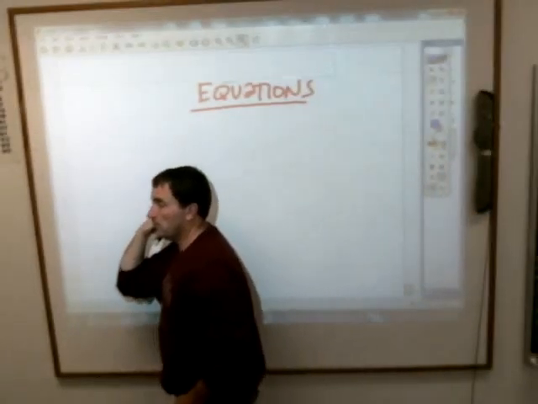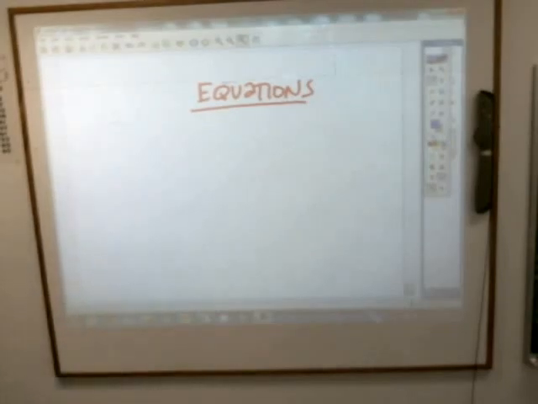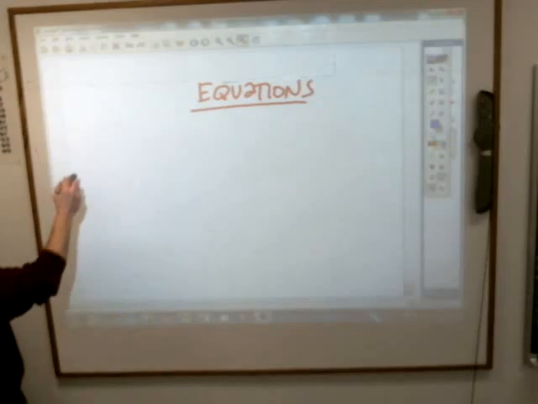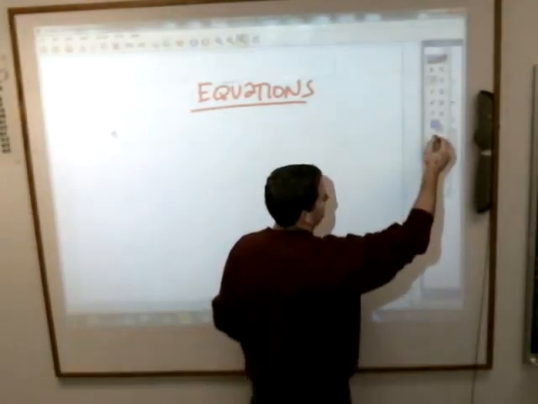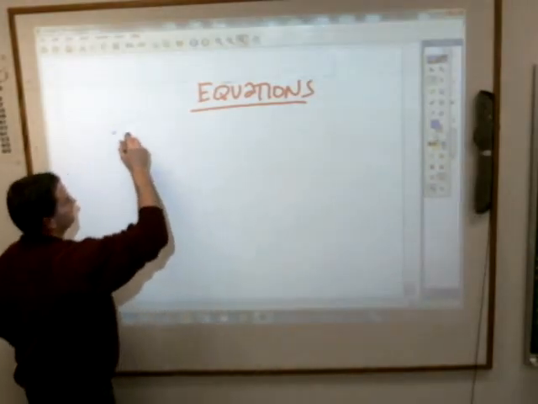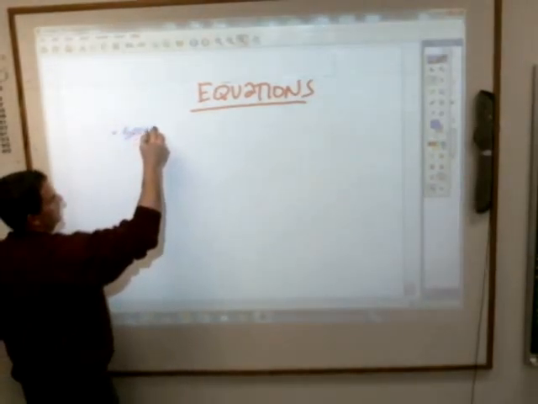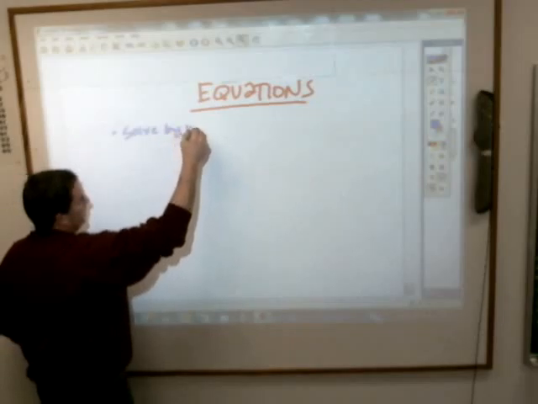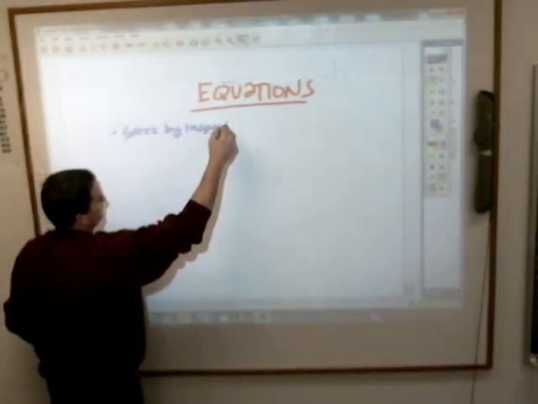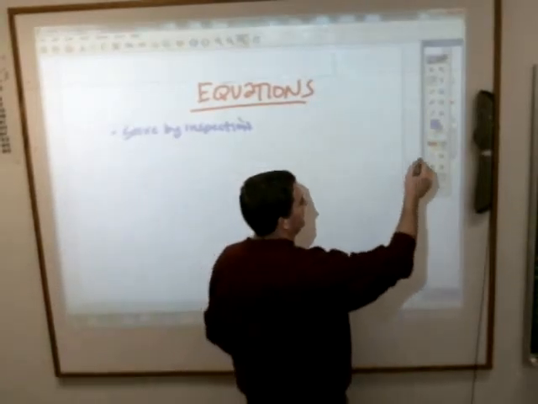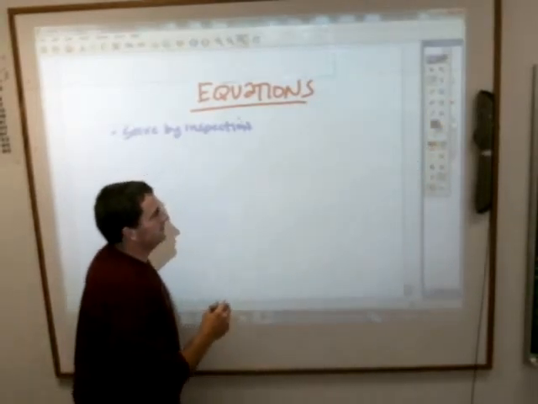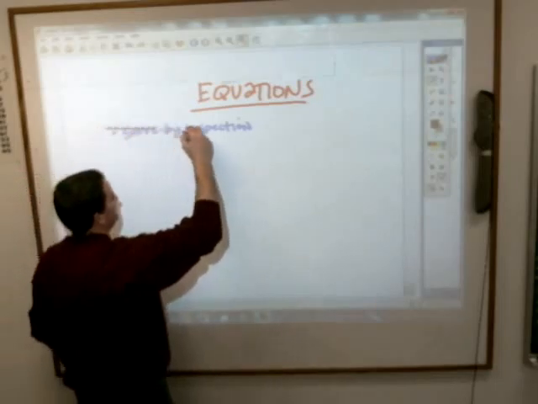If you remember back when we started doing these equations, the instructions they gave you were to solve by inspection. And I said there will become a time when that will no longer be an option for you, and we have reached that time.